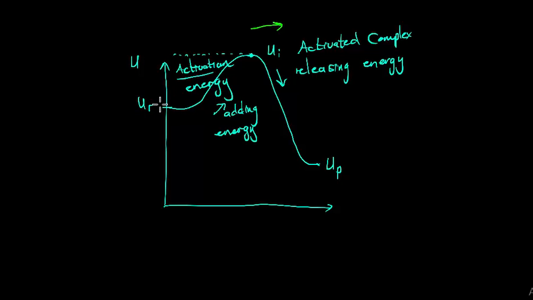But in order to exchange their electrons, they need to collide with enough energy, with enough force, so that you can actually knock that electron right out. And in order to do that, they need enough kinetic energy. So we add energy, giving them kinetic energy until they exchange electrons into intermediate molecules, and as soon as that happens, they start releasing their energy.